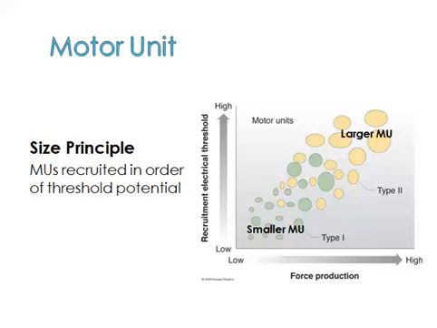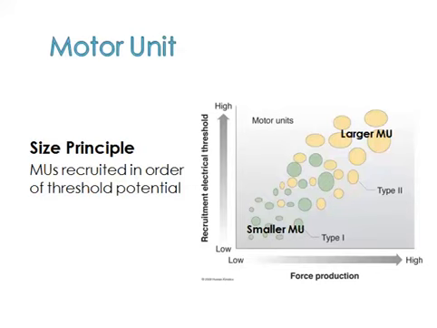So if we're talking about recruiting human muscle, motor units follow something called the size principle, where motor units are recruited in order of their threshold potential. Threshold potential is referring to the level of electrical stimulation that's required in order for the motor unit to actually be activated and send the neural impulse to another neuron or perhaps to the innervated muscle itself.